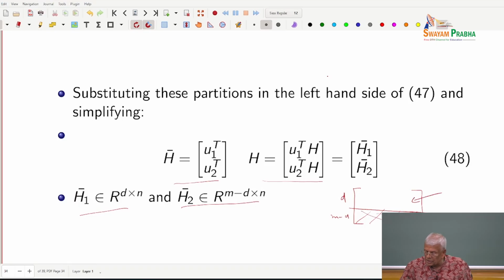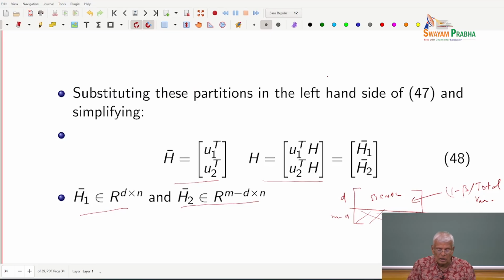The D part contains total variance, which is 1 minus beta times the total variance. So this is the noisy part. This is the signal part.